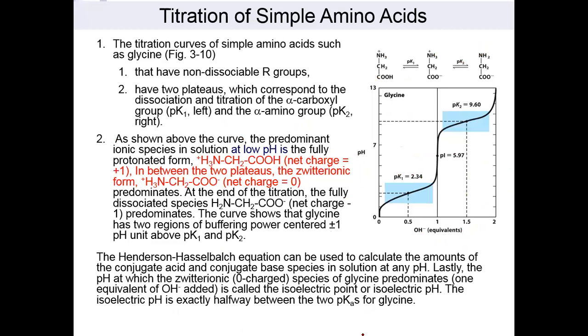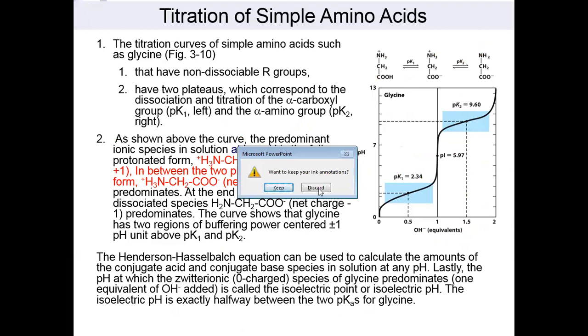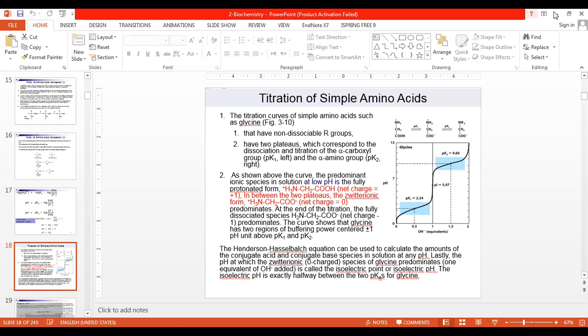Now we are moving toward the titration of the simple amino acid. Before looking into the titration, we must know about the drawings and about the experiment, how this experiment could be performed.